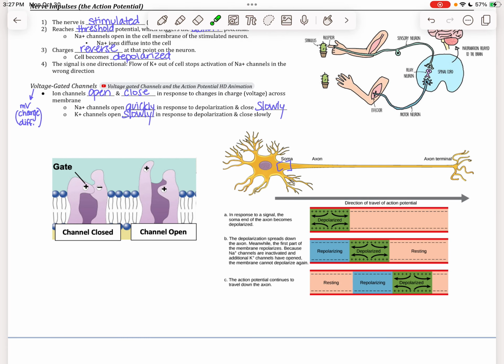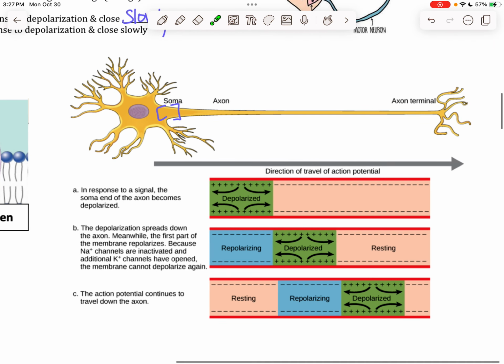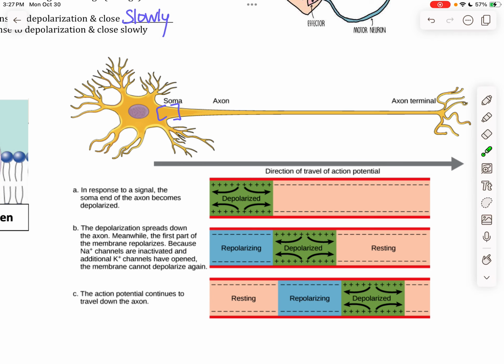Okay, so these pictures once again are reviewing what's happening. When the action potential arrives at the spot, the sodium is rushing in, causing this depolarization where the charge inside a neuron becomes positive, and then it spreads down the axon.